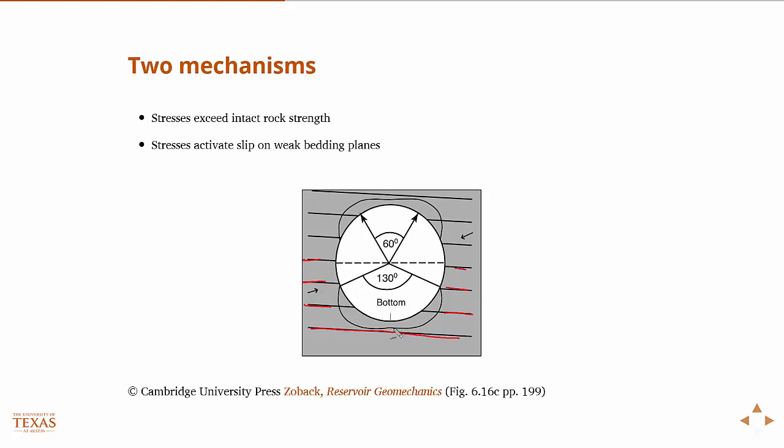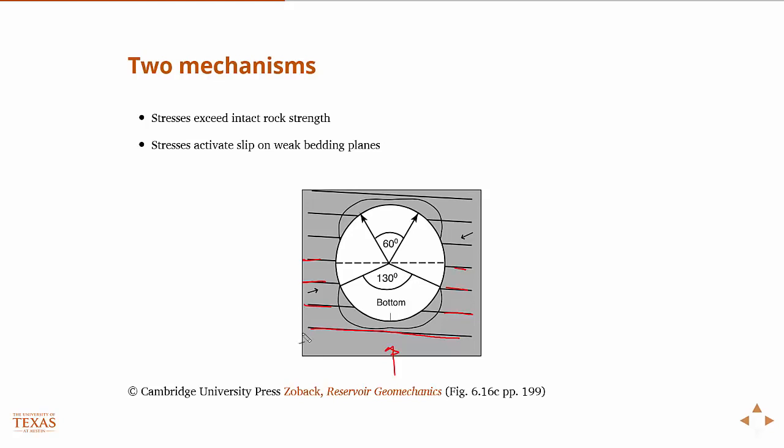In other words, the rock has more strength in this direction than it does along those lines. And the little arrows are meant to represent the direction of one of the principal stresses.